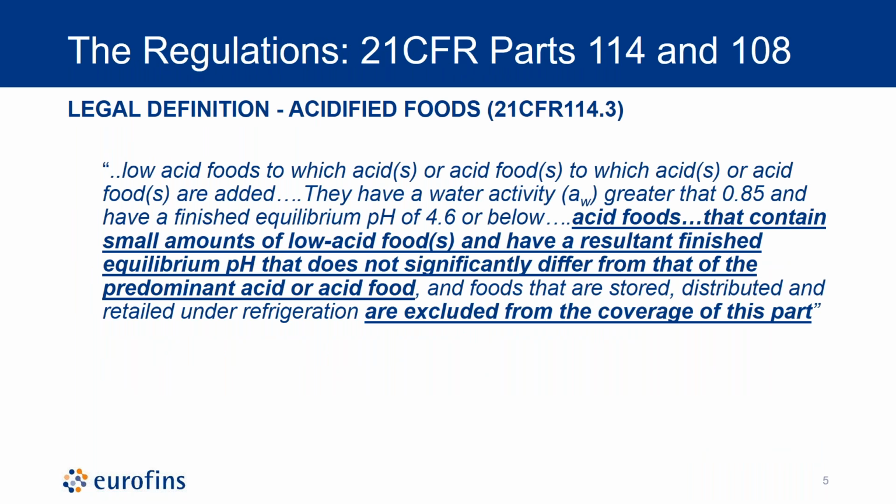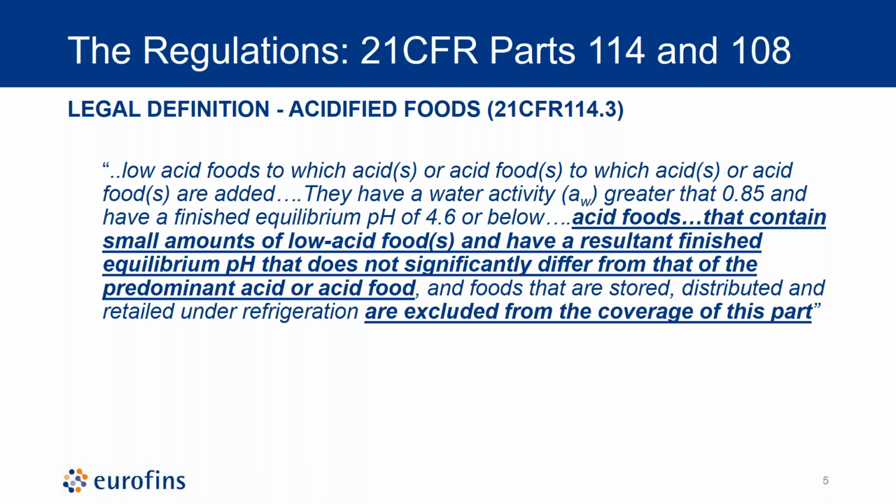So let's start with a definition of what we're talking about here today. An acidified food is defined under 21 CFR 114 as a low acid food to which acid or acid foods are added. They have a water activity greater than 0.85 and a finished equilibrium pH of 4.6 or below.